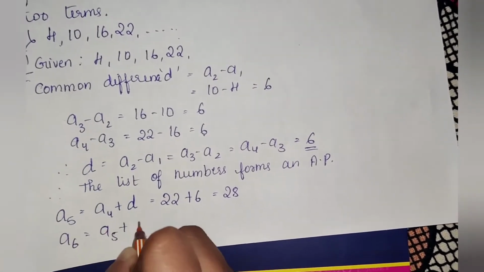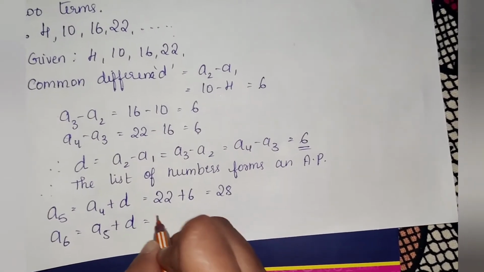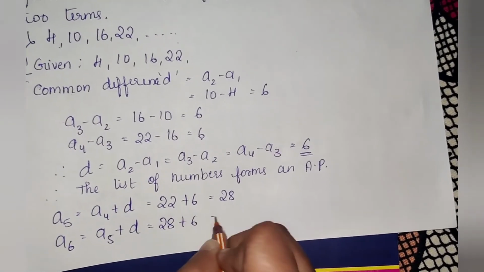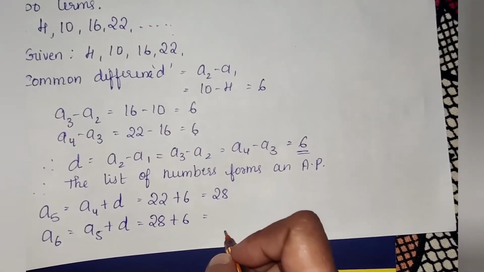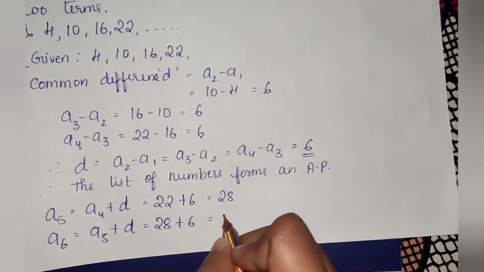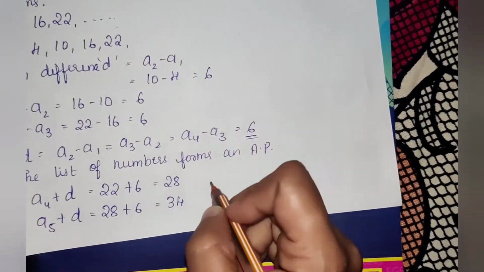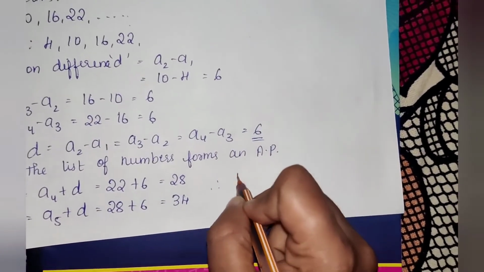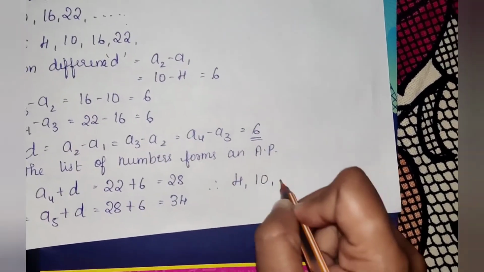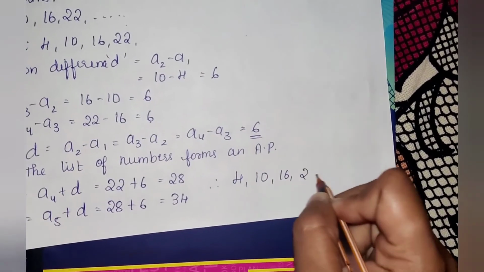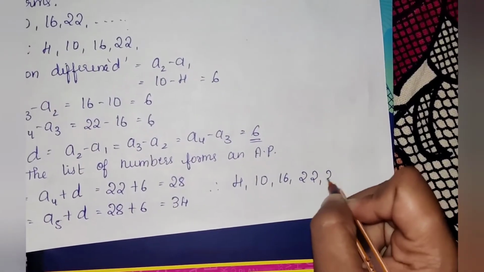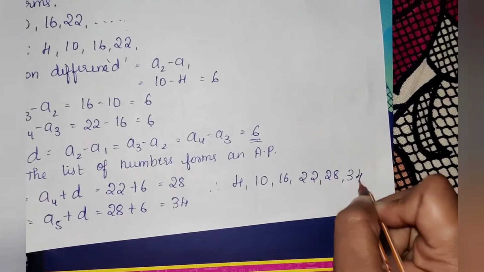A5 plus D, 28 plus 6. What is 28 plus 6? I get 34. Got it? Therefore, the final AP I get is 4, 10, 16, 22, 28 and 34.